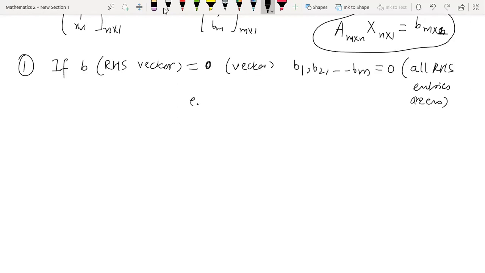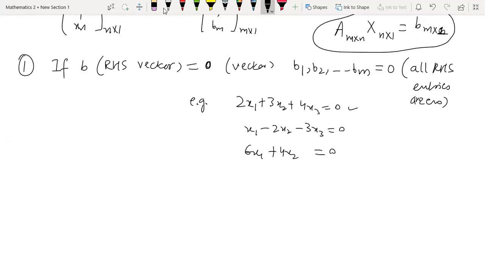For example, you have 2x1 plus 3x2 plus 4x3 is 0, x1 minus 2x2 minus 3x3 is 0, 6x1 plus 4x2 is equal to 0. So you see your right hand side is all 0.